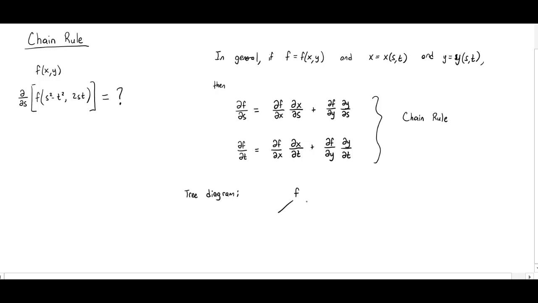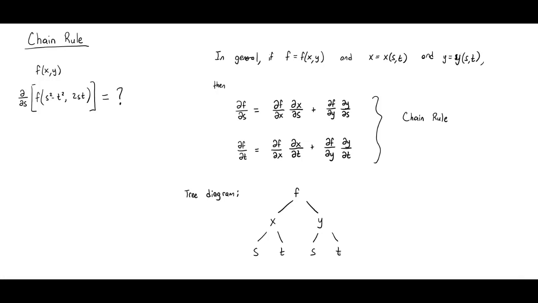And then in this example, f is a function of two variables, x and y, okay? Then x and y themselves were functions of s and t.